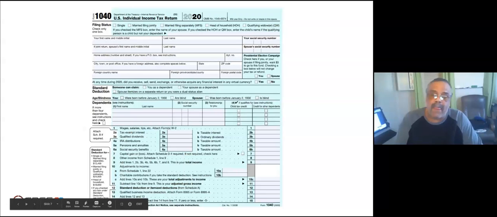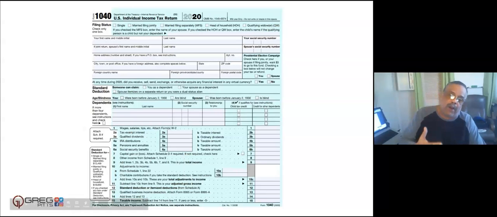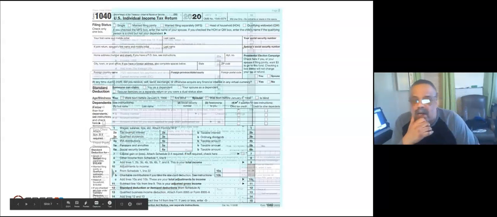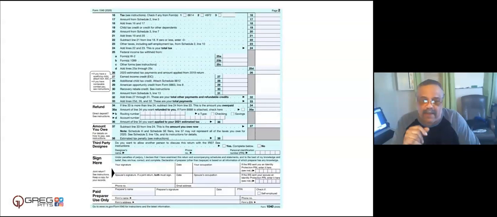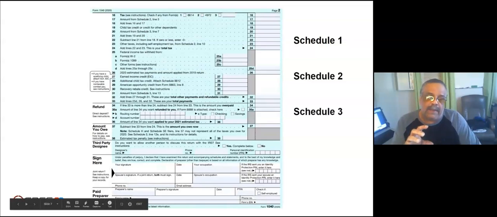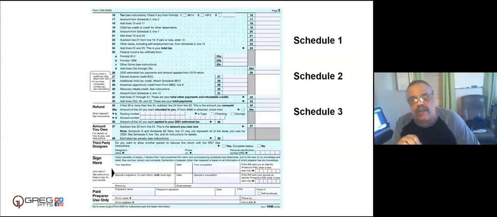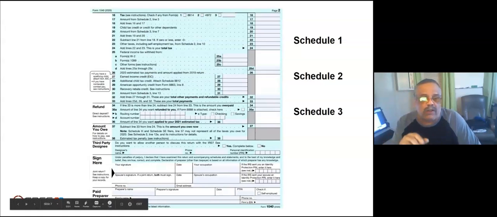As I said, all your income is reported on the 1040. The 1040 is a 2-page document. You got the front page and this is the back page. This year, there are 3 schedules attached to the 1040, Schedule 1, 2, and 3.